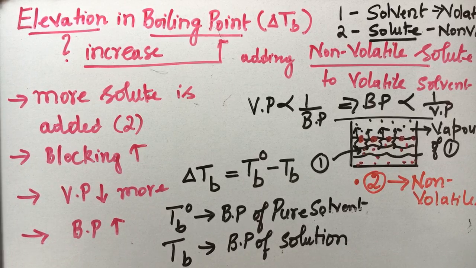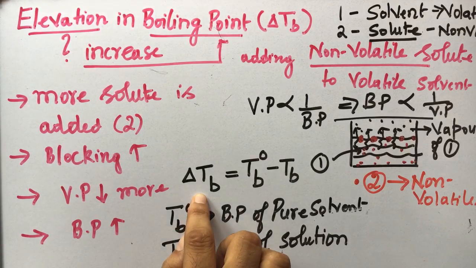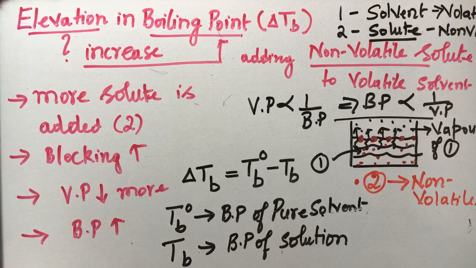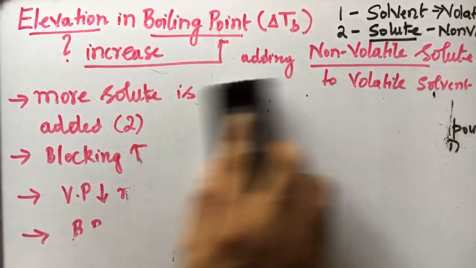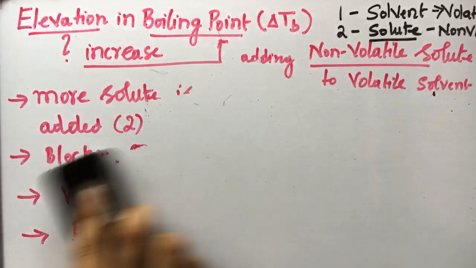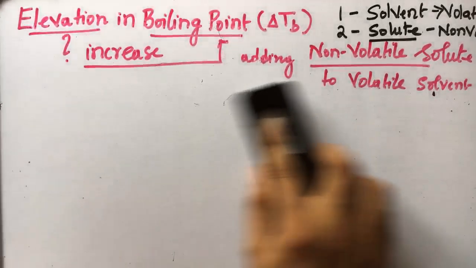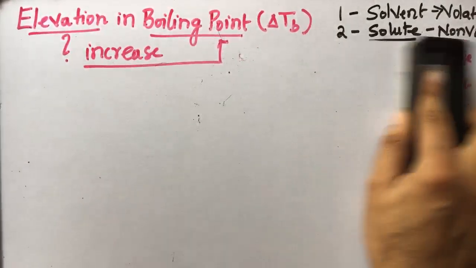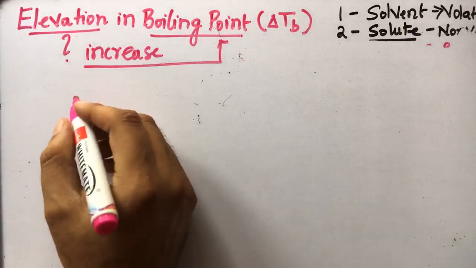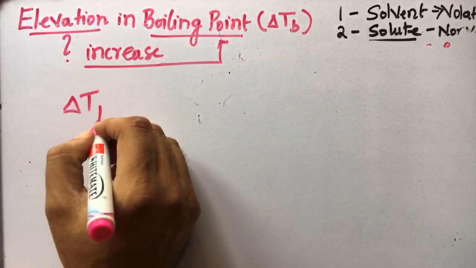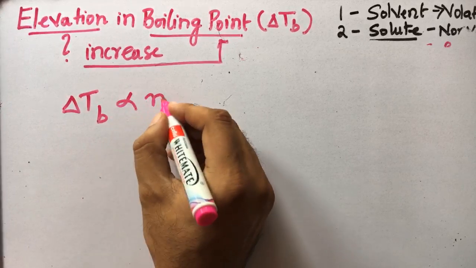Now let us see, delta TB depends on what? It is experimentally determined that this delta TB depends on the molality of the solution. This delta TB is directly proportional to the molality of the solution.